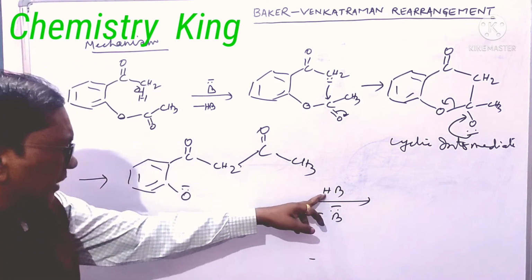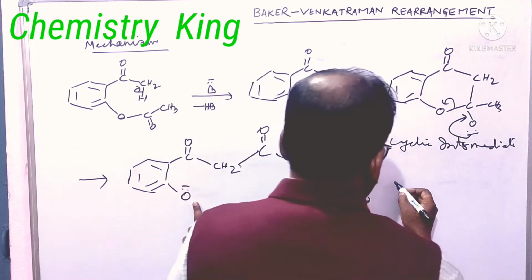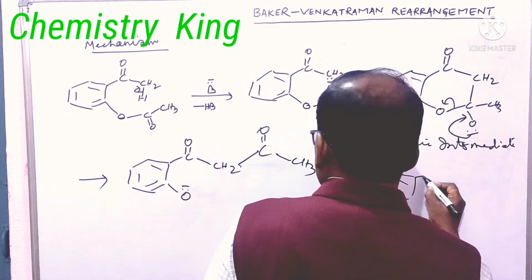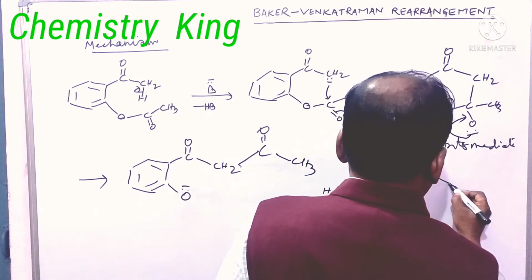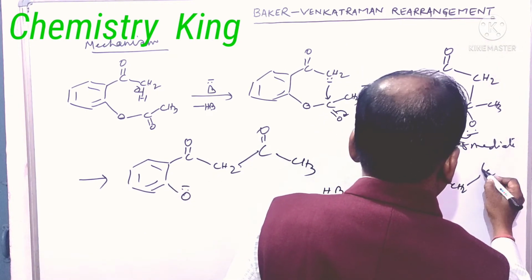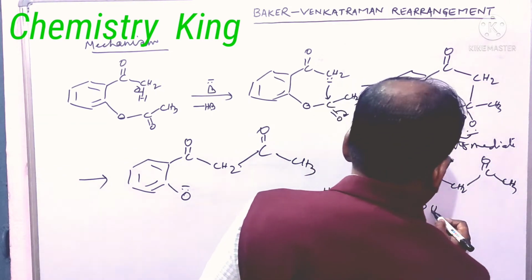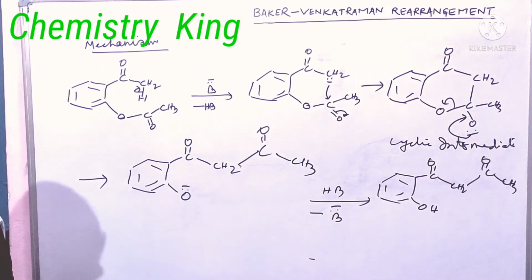So in this fashion, H plus will come here and you will get C double bond O, CH2, C double bond O, CH3, the 1,3-diketone or beta diketone.